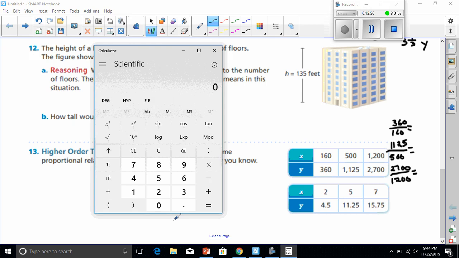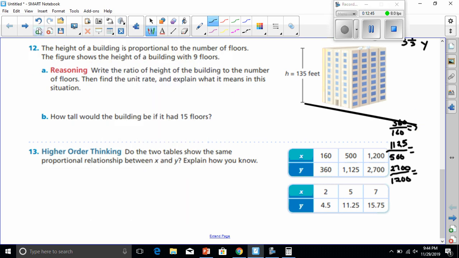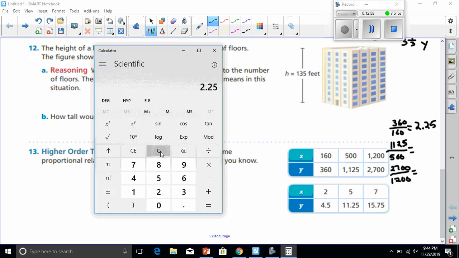And I'm going to do this quickly with the calculator. We see that 360 divided by 160, that's going to be 2.25. Now we've got 1,125 divided by 500.